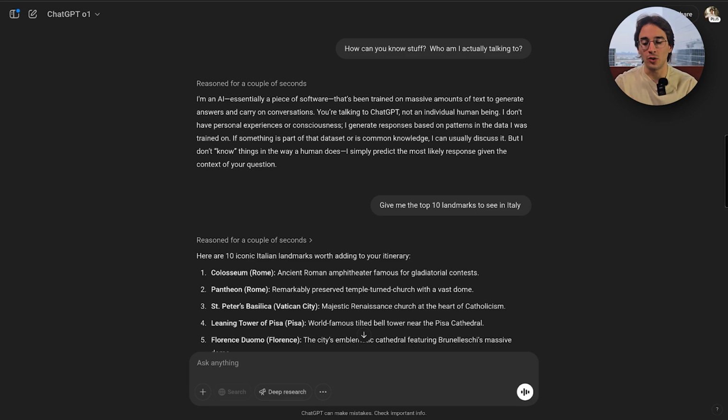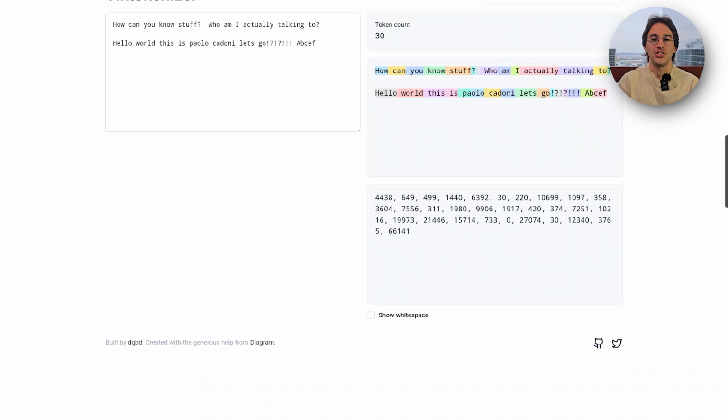Well, now we know that whenever we ask a question, the query is divided into tokens. ChatGPT can see this sequence of tokens and then will try to predict how to continue this sequence of tokens, essentially by giving us an answer which is another sequence of tokens.